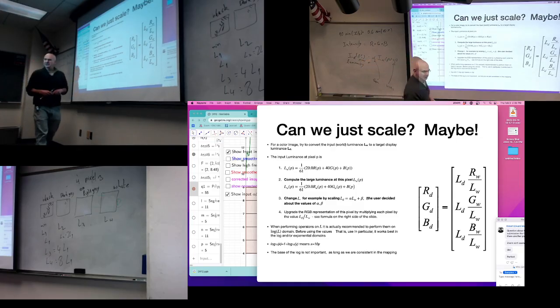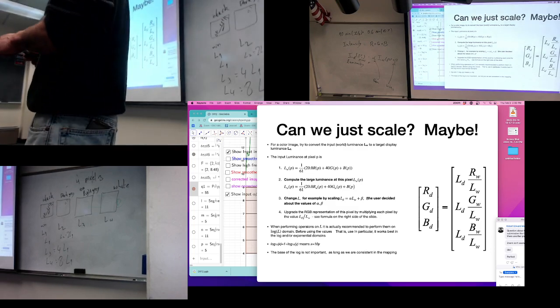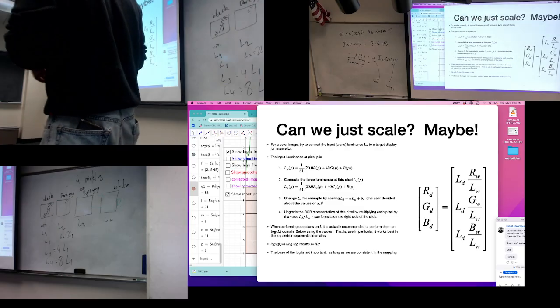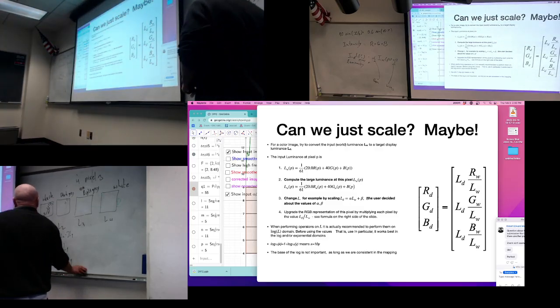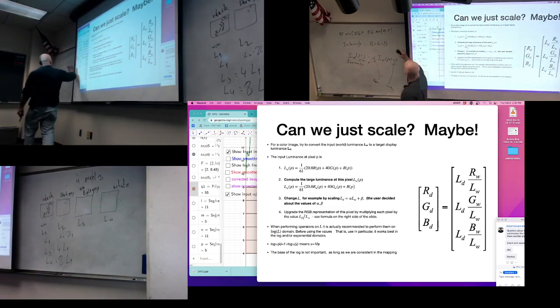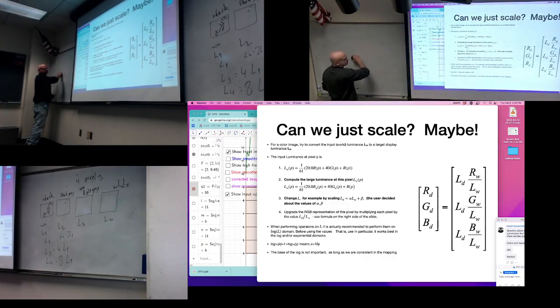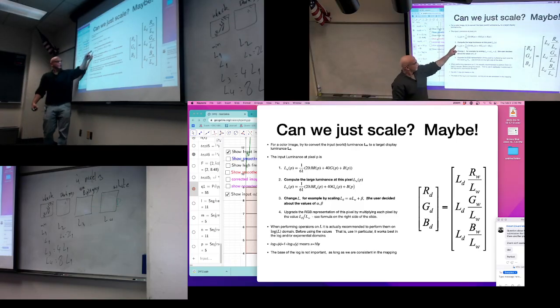So the overall recommendation is whatever you do to the intensity, always work in the log domain. That is, from the moment that I computed the world intensity, I want to add values to it, subtract, multiply.